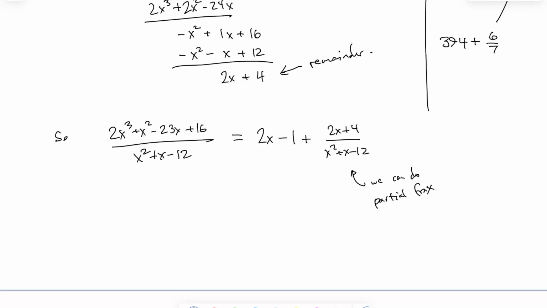Partial fracs with an x. Because now this one has a lesser power on the top than on the bottom. And that was the whole reason we did the long division, was because the degree on top was bigger than on the bottom. And so, after doing the long division, it is now of the appropriate form to do the partial fractions. All right?